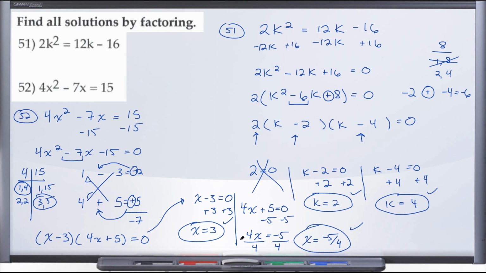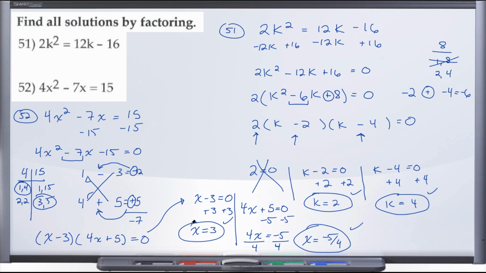Again, on a test, if it turns out you have a couple extra minutes, 5, 10, 15, 20 minutes early, do not leave early, right? Go back through and check each of your answers. For these, you would take each of your solutions, plug it back into the original equation, and you should get a true statement.